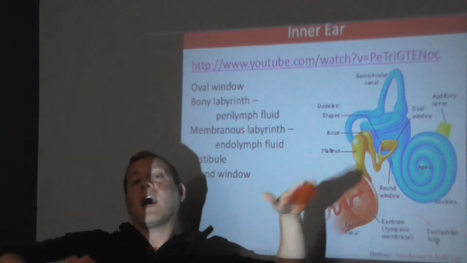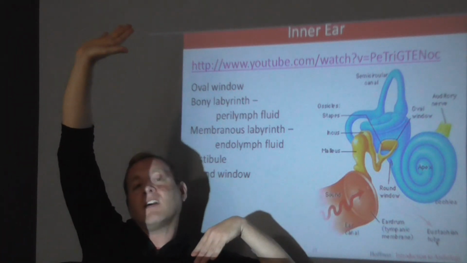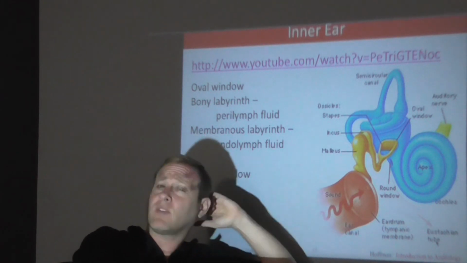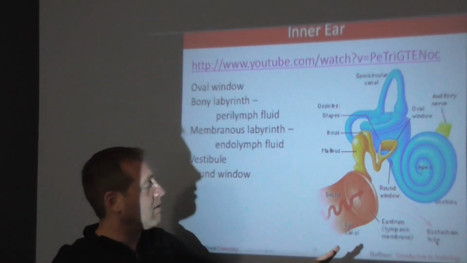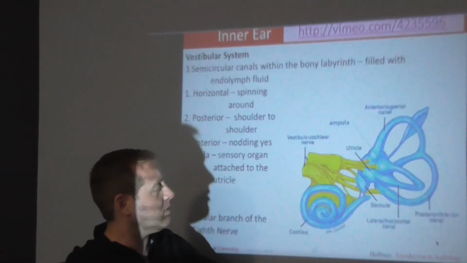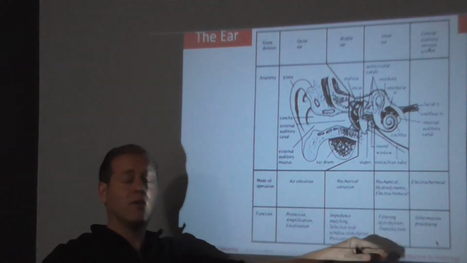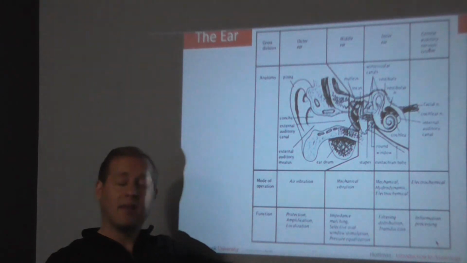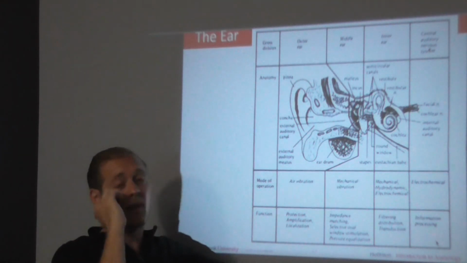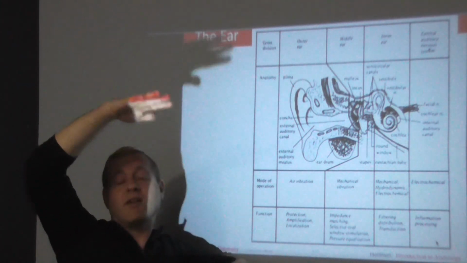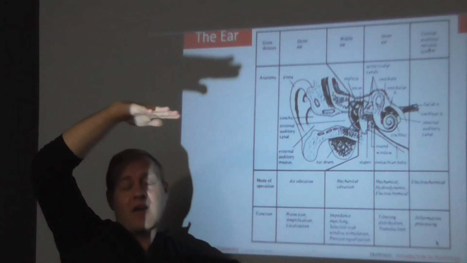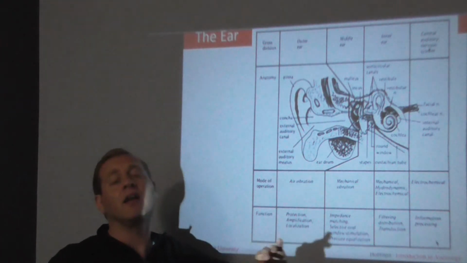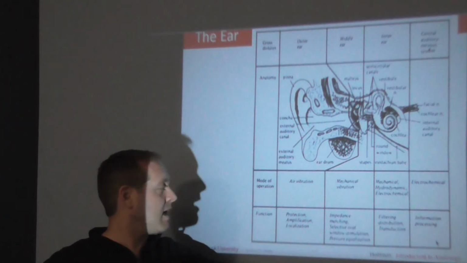Okay, it filters out high sounds to the base of the cochlea and filters out low sounds at the apex of the cochlea. Okay, so the inner ear is a filtering system. The middle ear is an impedance matching system that allows for the increase of intensity of sound at the middle ear, so that when it hits the fluid of the inner ear, the impedance attenuates the sound.